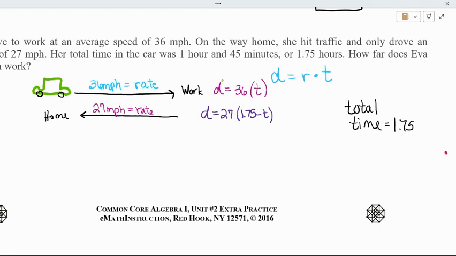So there's something really interesting about this. Do you guys see that you have two equations, both start with d equals? Right? Your distance is this, your distance is that. Well, if they both equal d, if both of these equations represent distance, then that means I can set them equal to each other.